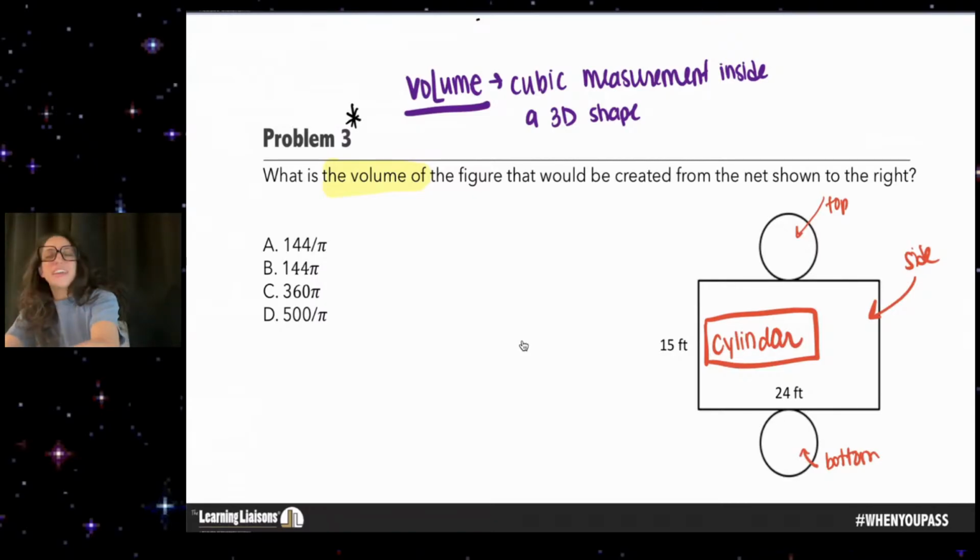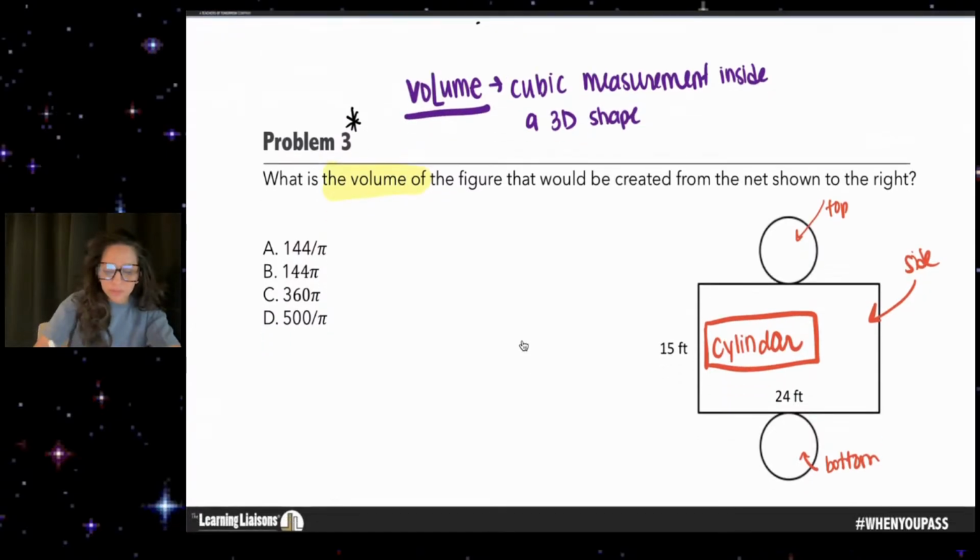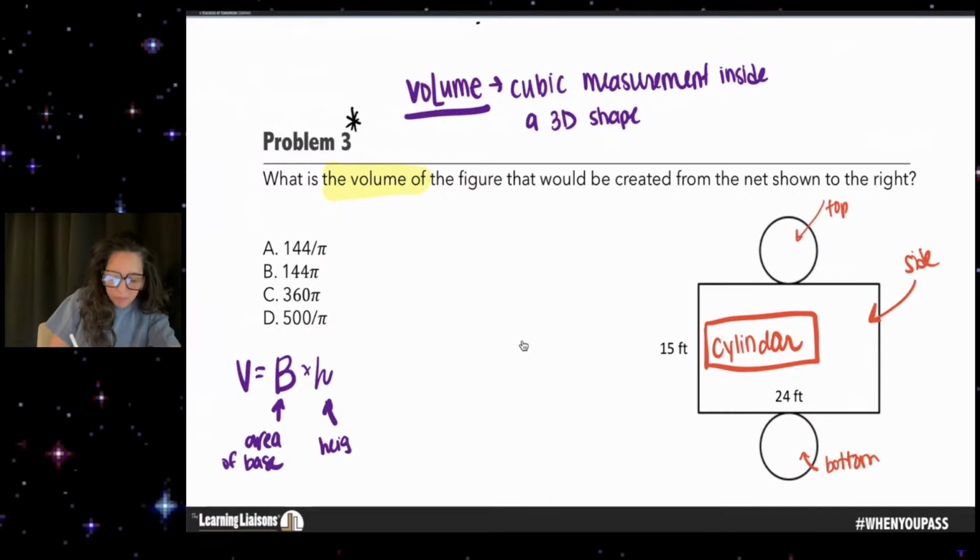That's pretty cool. So with that said, how do I find the volume of really any prism-like shape? Volume equals area of the base times the height of the shape.